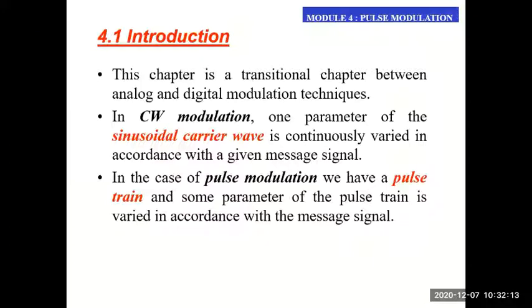So the major difference between continuous wave and pulse modulation is in terms of the carrier. Carrier is a continuous sine wave in analog or continuous wave modulation. It becomes a pulse train in pulse modulation. And the concept remains the same. You vary one of the parameters of the carrier in accordance with the message.